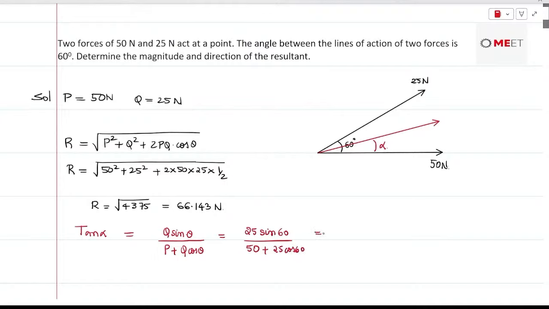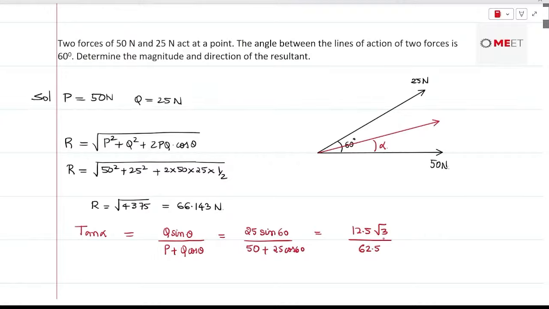So 25 into sine 60 is root 3 by 2, that is 12.5 times root 3, divided by 50 plus 25 by 2, which is 12.5 plus 50, which is 62.5. So that is 12.5 divided by 62.5 into root 3.